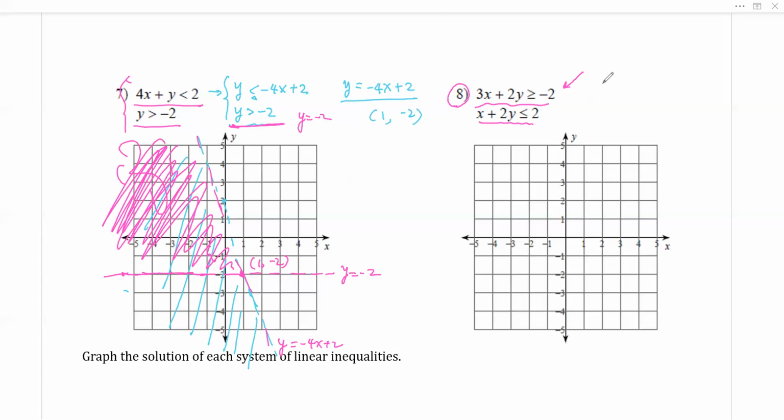So we change it to an equation first, with a proper transform. Let's say 2y greater equal than negative 3x minus 2. Both sides divide by 2.